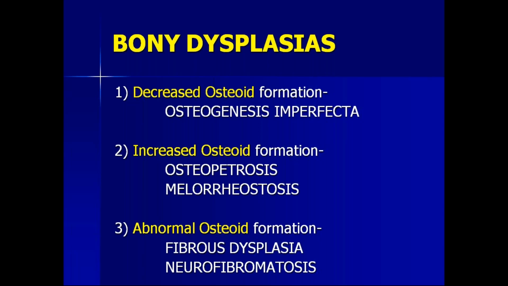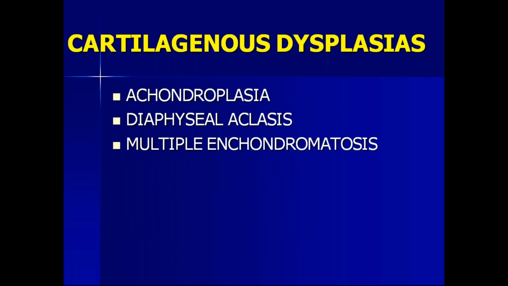Melorheostosis is known as candle wax disease. Abnormal bone formation is seen in fibrous dysplasia and neurofibromatosis. Coming to cartilaginous dysplasias, you have achondroplasia, diaphyseal aclasis, and multiple enchondromatosis. These we will also discuss in detail.